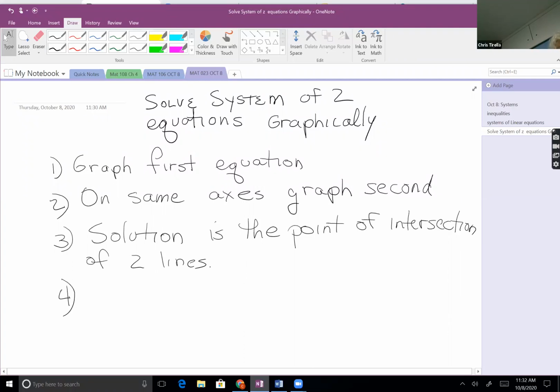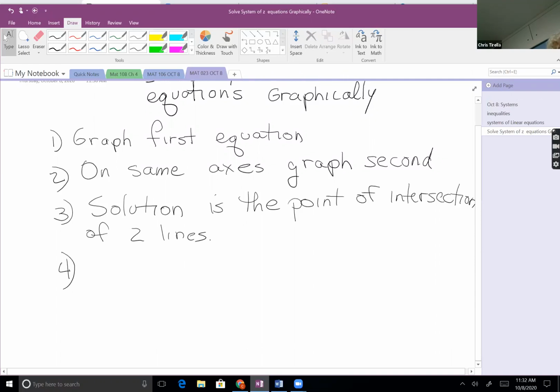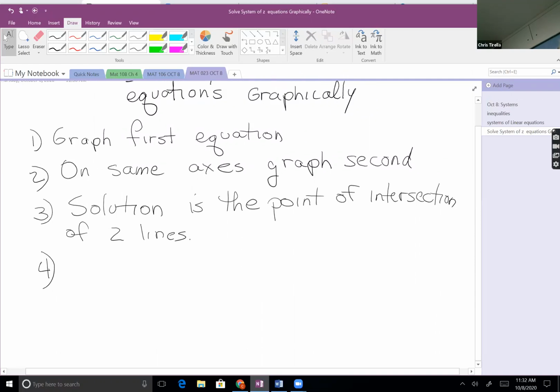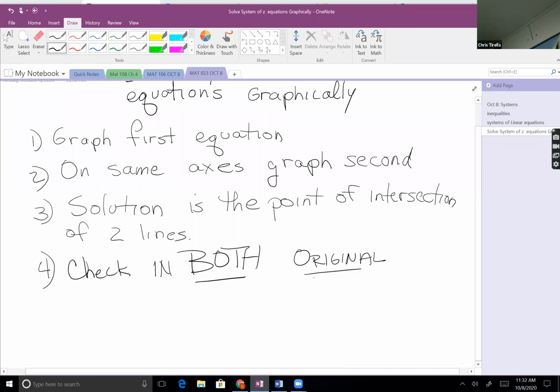And then, like all good mathematicians, we want to make sure we got it right before we put our answer in, so we have to check. But again, like we said before, we have to check in both original equations.